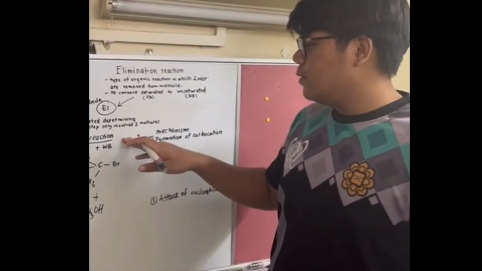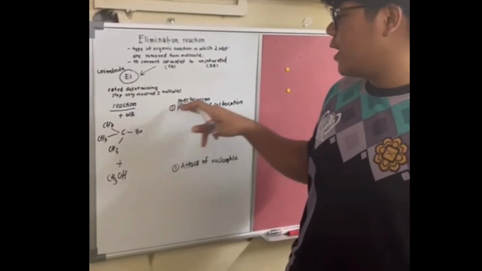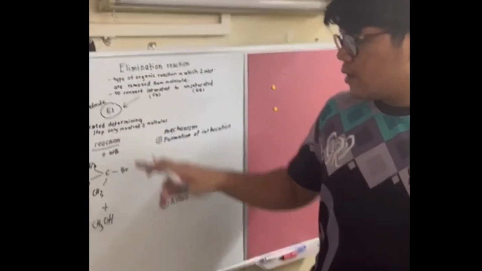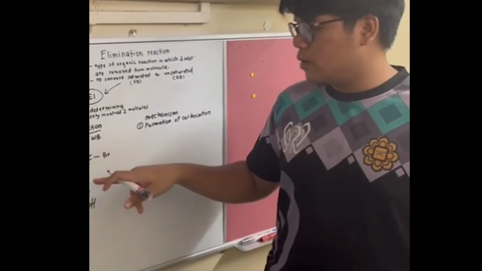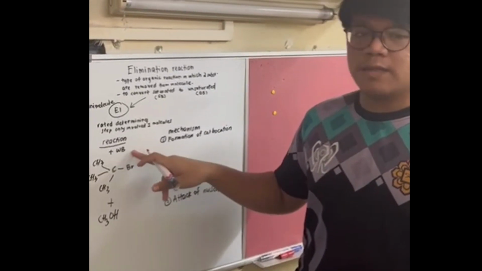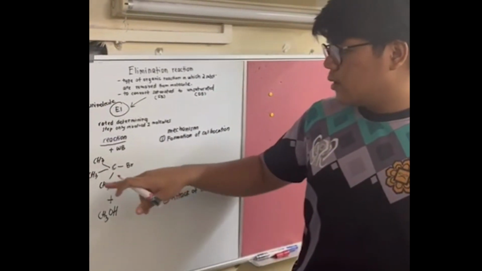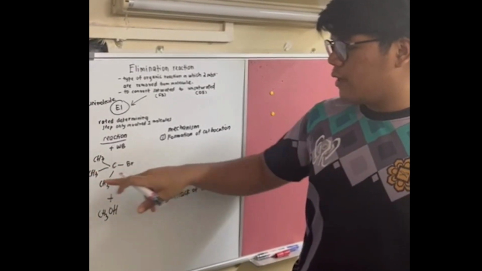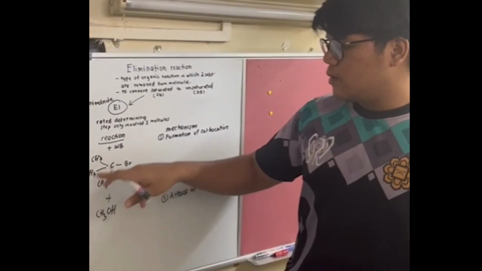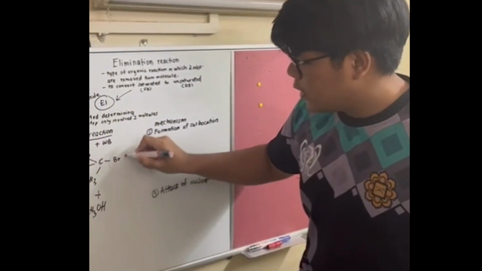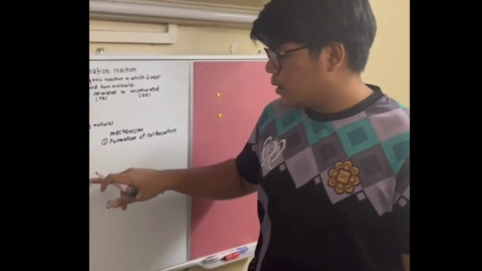Okay, now we will go to the reaction and mechanism in E1. For the reaction, our molecule will react with a weak base, for example, ethanol or methanol. Now, I have an example, (CH3)3C and bromine. Our bromine is our alkyl halide.